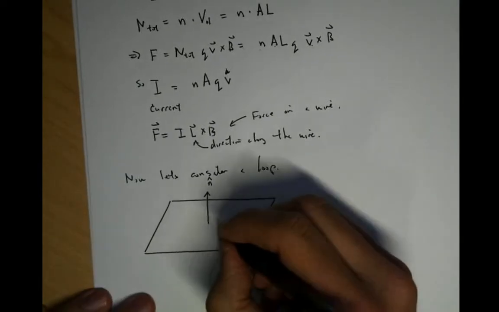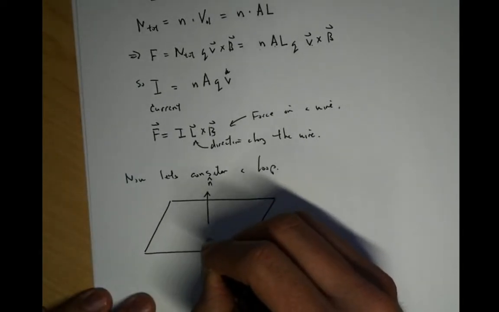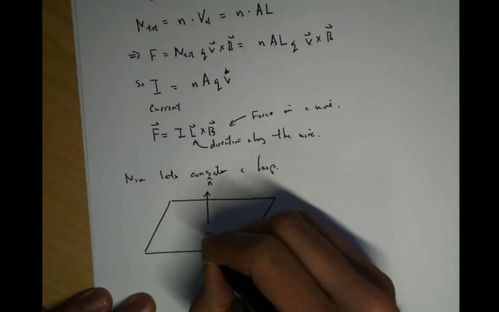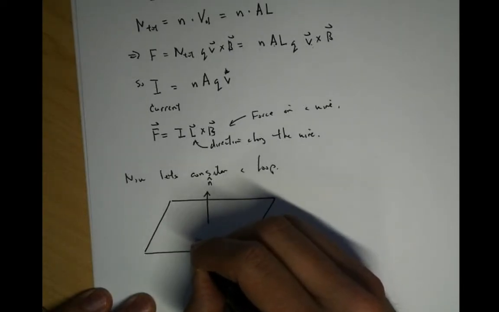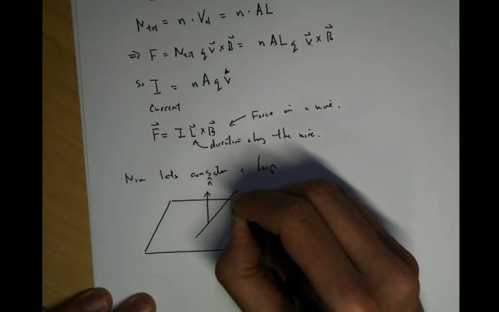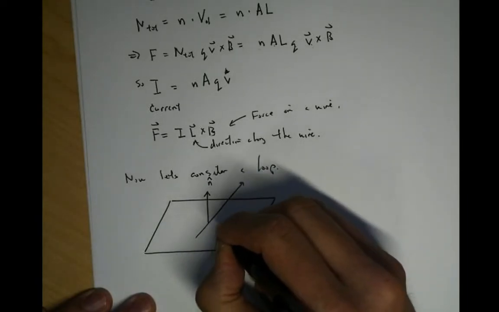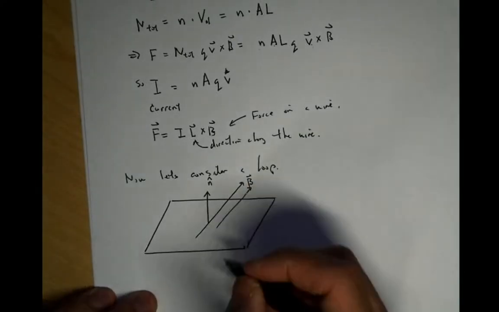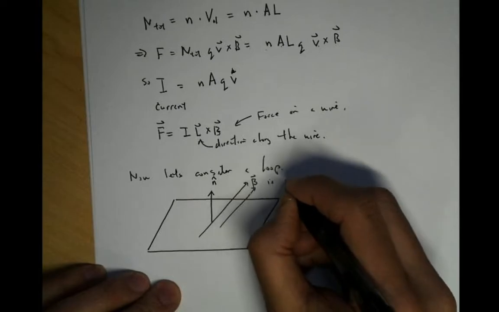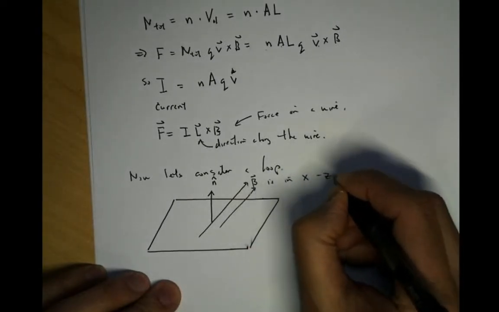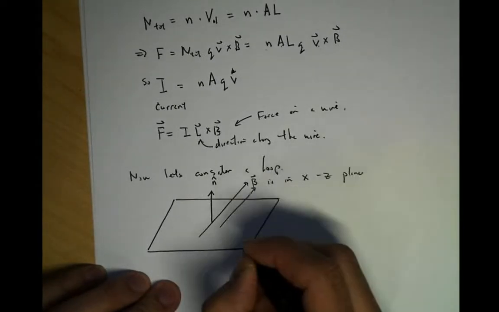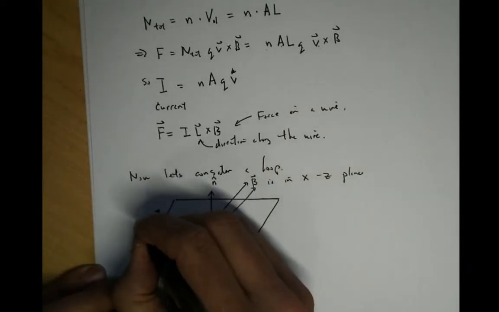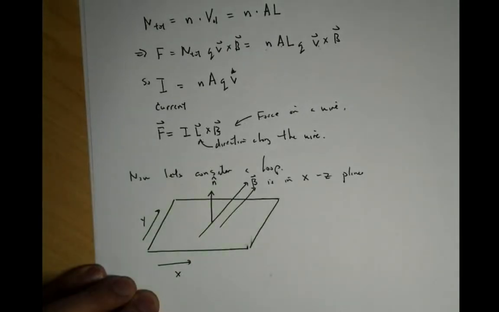And I'm going to put a B field, but I'm going to put the B field in a funny way. I'm going to put a line along the XZ plane. That's my B field right there. Let's call this one X, and that one Y. I'm not even sure this is correct.